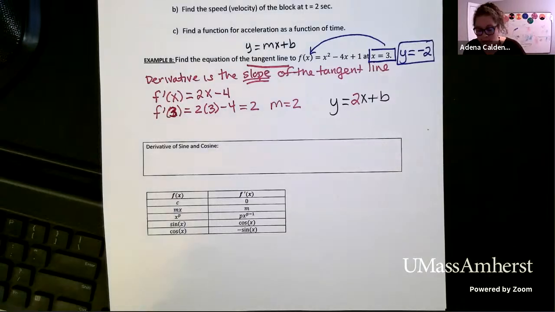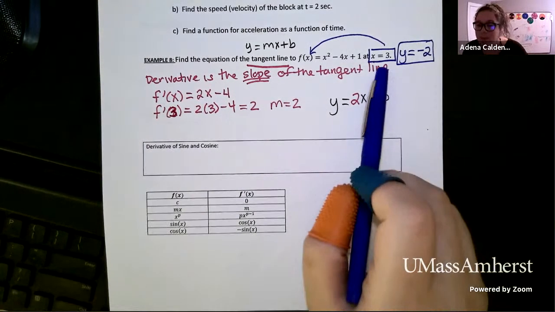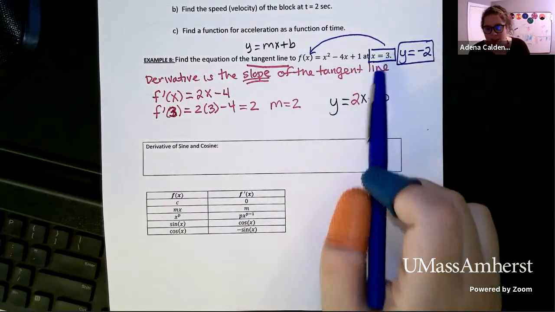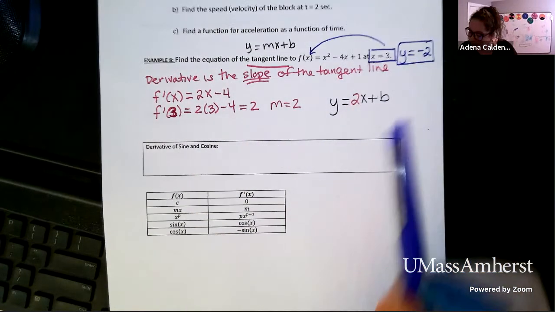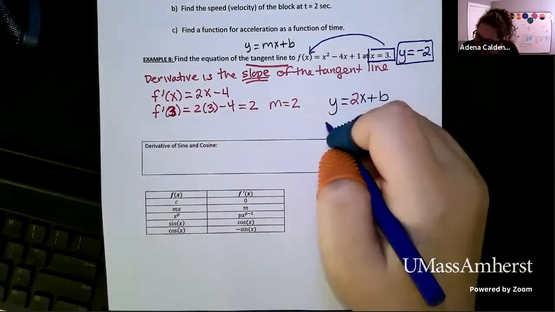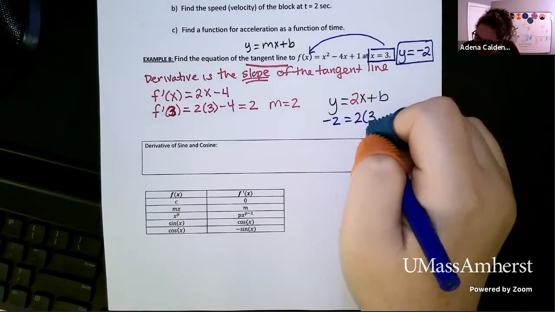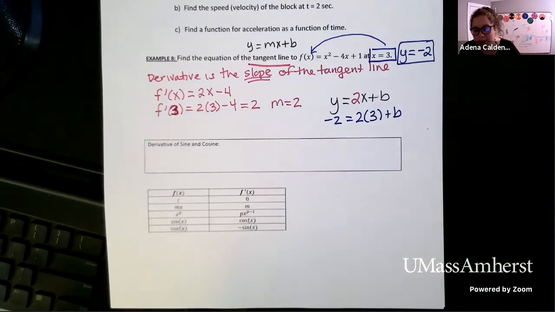Now, I also need to solve for b. How do I solve for b? Well, again, this is the one point that is shared between the function and the tangent line. So I need to plug in this point to solve for b. So my y value is -2 when my x value is 3, and I plug those in. 2 times 3 is 6.